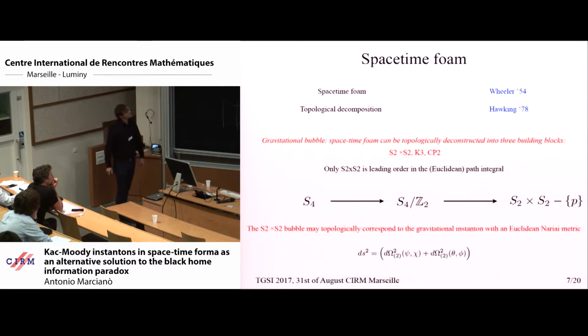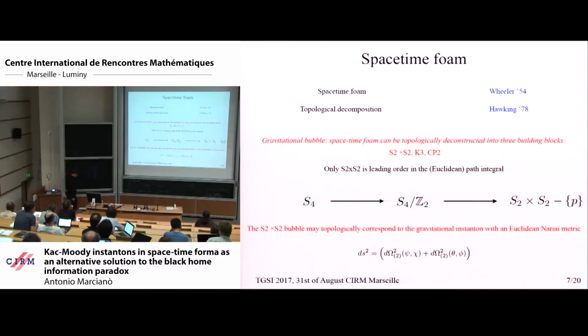So space-time foam, as I was telling you before, is this idea which was proposed by Wheeler in '54, and in '78 Hawking, in some paper, actually, I didn't put the other two authors, but there's a series of papers with Page and Pope.